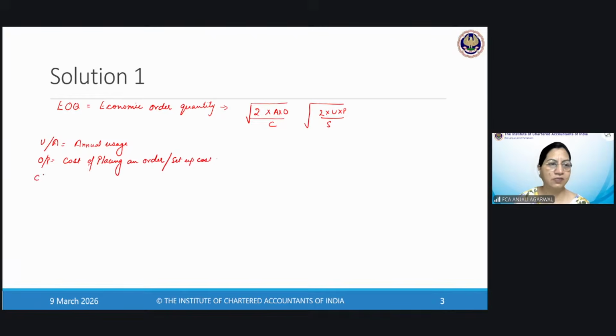And S or C stands for cost of storing one unit for one year. This is cost of storing. You can call it cost of storing, carrying costs, or holding costs.